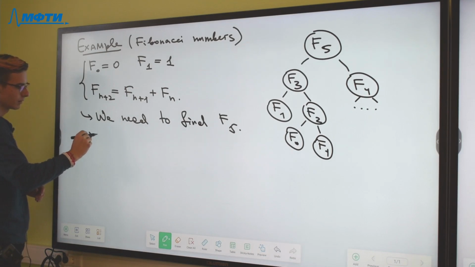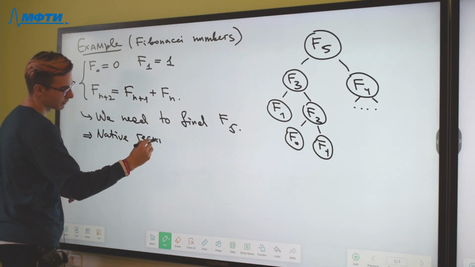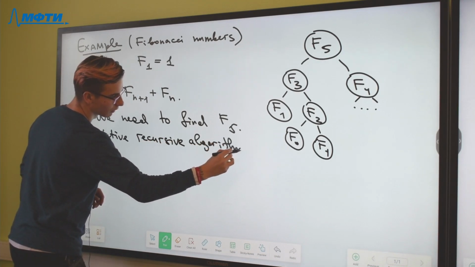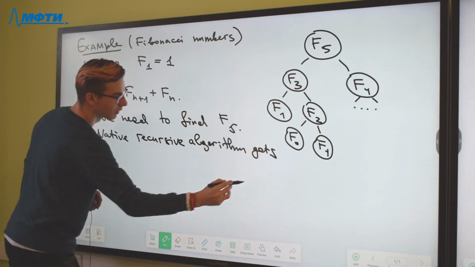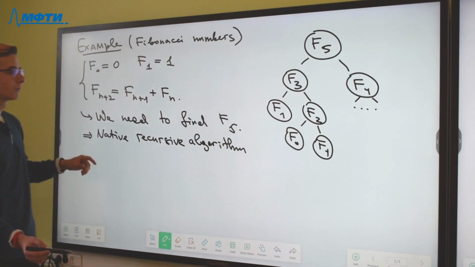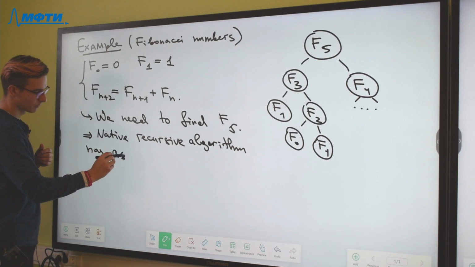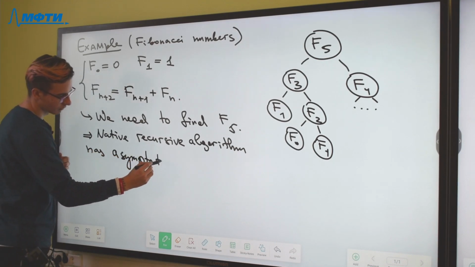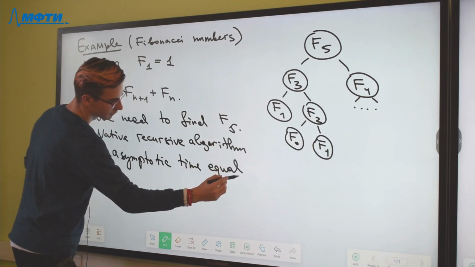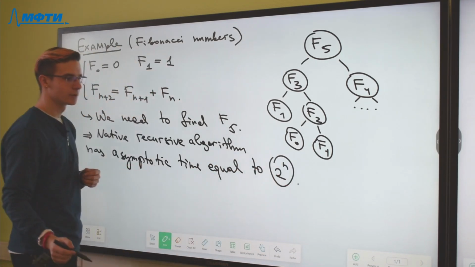So the naive recursive algorithm has asymptotic time equal to 2 to the power n.